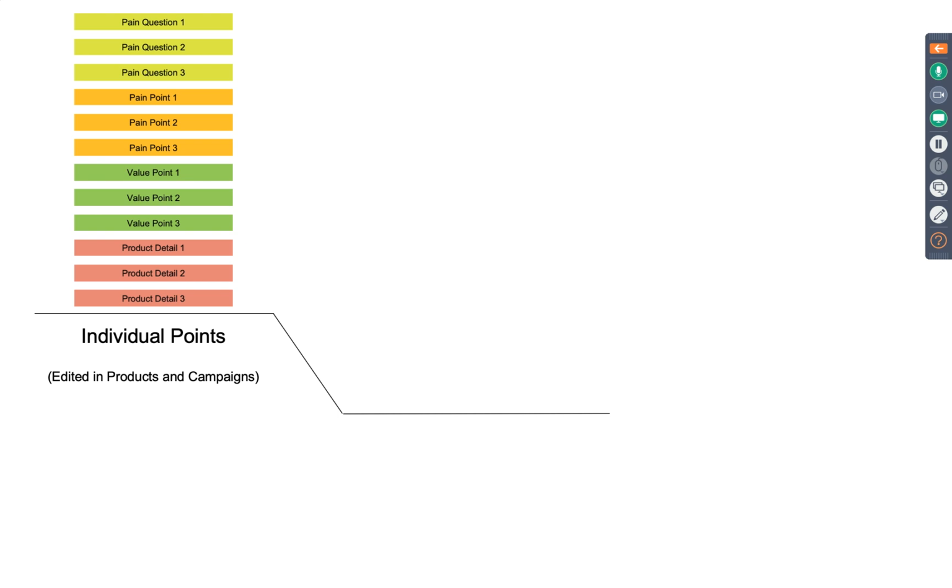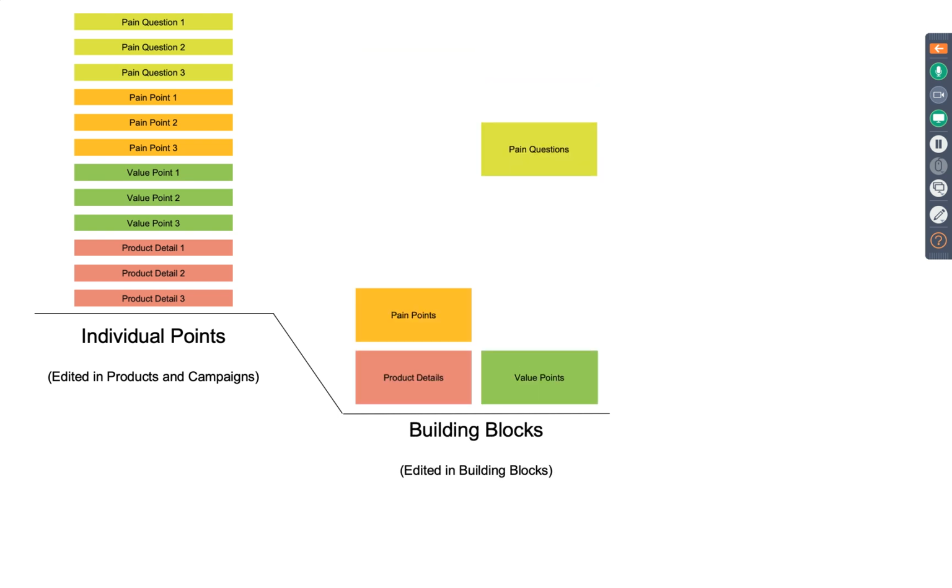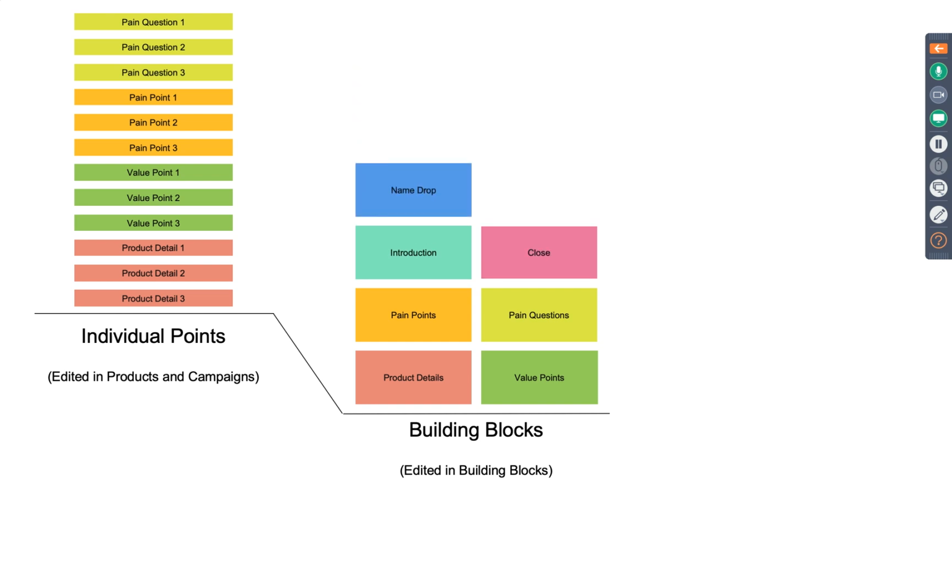Now what we can do is take all those points and put them together to create what we call building blocks. So we can take your individual product points, such as your differentiation and key details about your product, and create a building block for your product and for all the things that you should talk about regarding your product. We can create a building block for your value, for your pain points and whatnot.